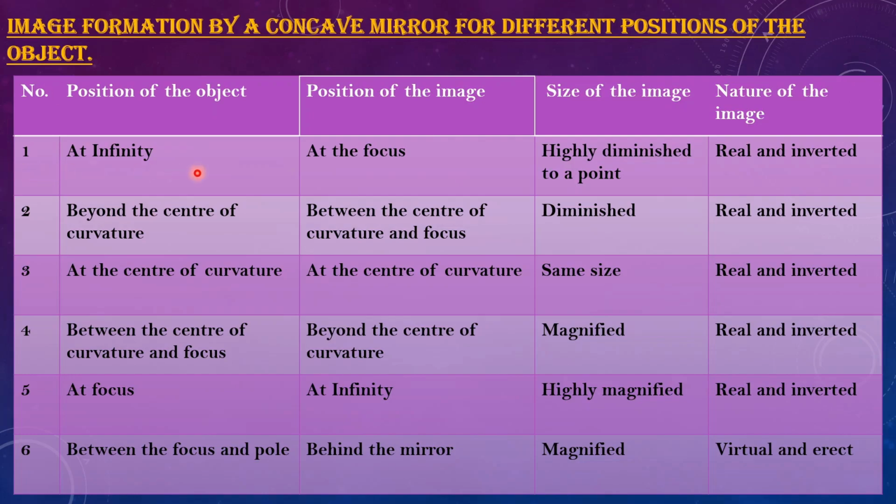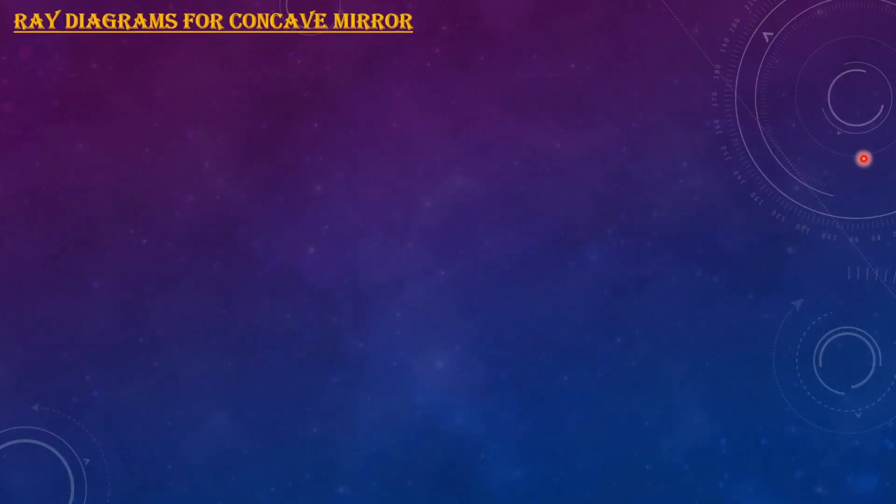First, at infinity, the position of the image will be formed at the focus. The size of the image will be highly diminished to a point, and the nature of the image will be real and inverted. Let's see the diagram.